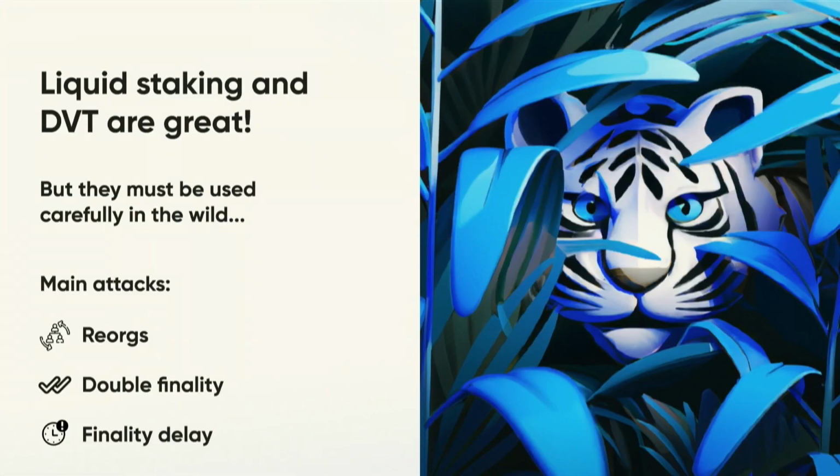So this is great, but there are always risks, pros and cons of everything. So liquid staking and DVT are great, but they always come at a cost, and we must be very careful when introducing any kind of DVT and liquid staking into the protocols. There are many attacks that can happen in Ethereum, but the main ones are reorgs, double finality or finality delays.